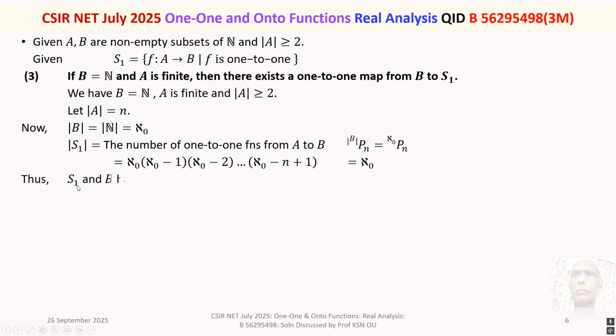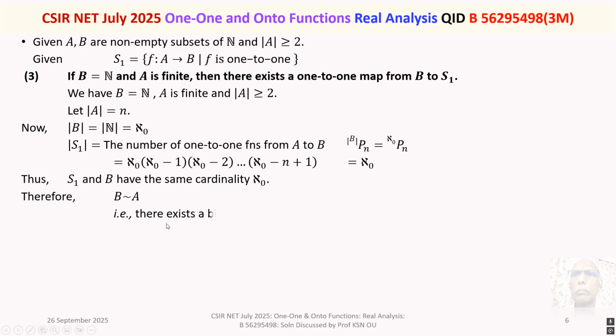So that means S1 has cardinality ℵ0 and B has the cardinality ℵ0. Therefore, S1 and B have the same cardinality ℵ0. Therefore, B is equivalent to S1, not A, S1.